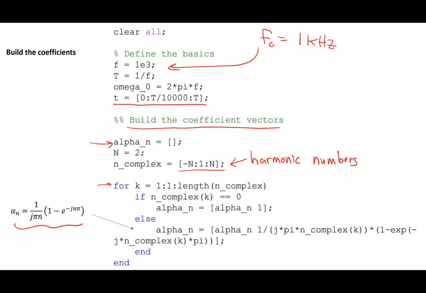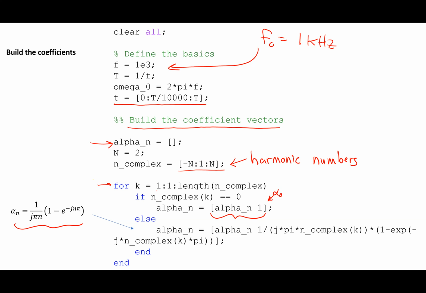So notice how I'm building up the alpha n vector. What is this notation that I've got? In square brackets, alpha n followed by the number 1. Well, the number 1 is the DC value. What is this doing here? Any ideas? I'm saying alpha n equals, in square brackets, alpha n plus the value alpha 0.